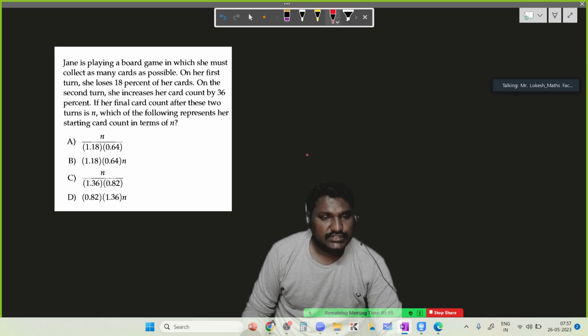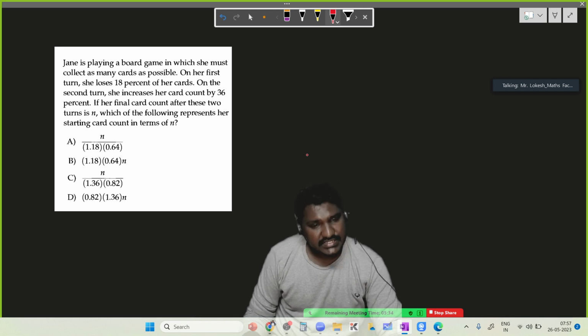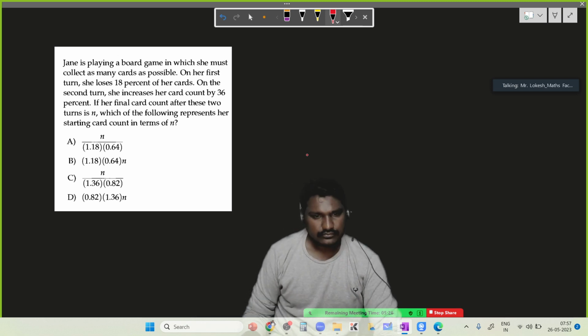On her first turn, she loses 18% of her cards. On the second turn, she increases her card count by 36%. If her final card count after these two turns is n, which of the following represents her starting card count in terms of n?